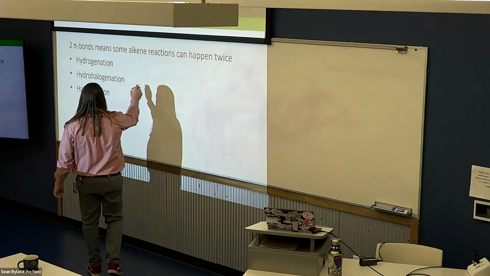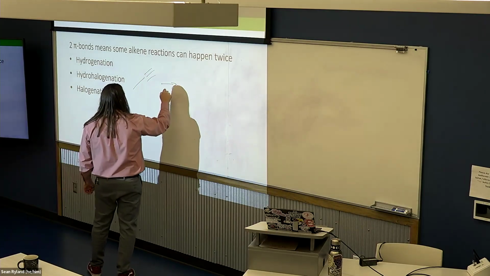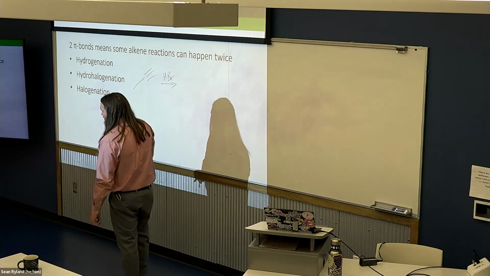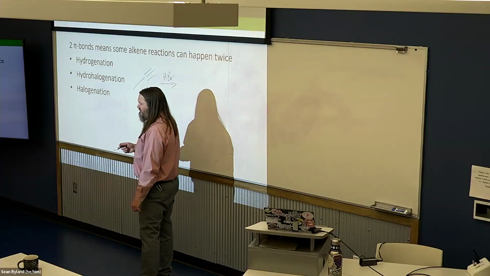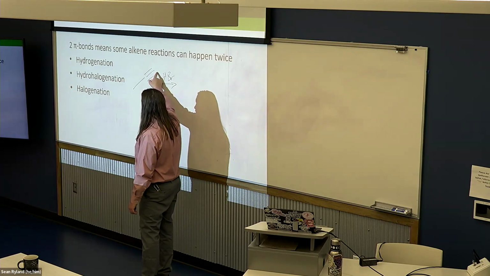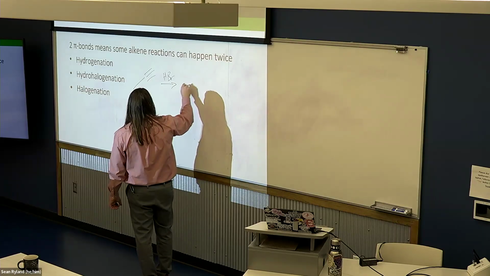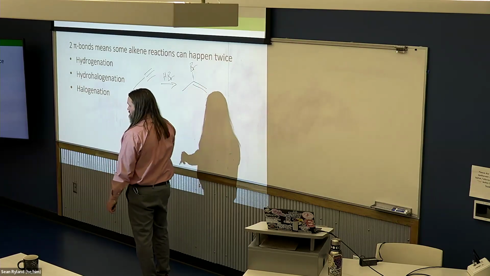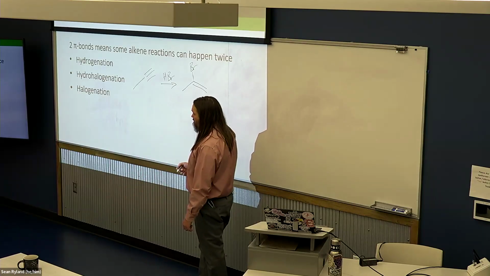So hydrohalogenation, if we had an alkene and we let it react with HBr, we get a Markovnikov addition, right? Add the hydrogen here, break the pi bond, put the bromine there. And then it's still an alkene, right?